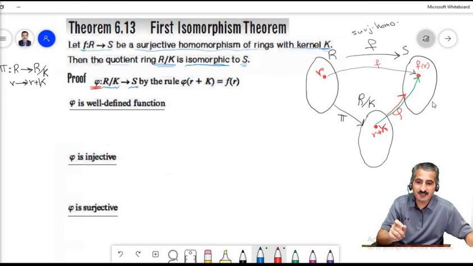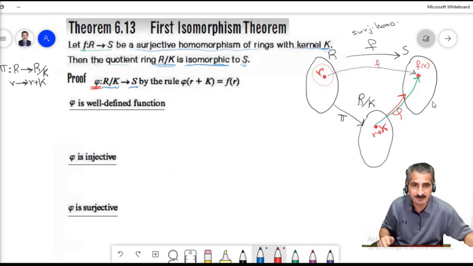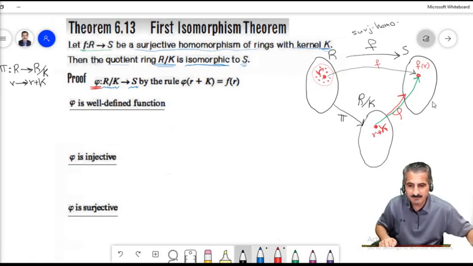And there are many elements inside the ring R, maybe many or some or infinitely many, that have the same image as R. So if I collect them here, all of them will go to the same image as R. And you know what elements these are?